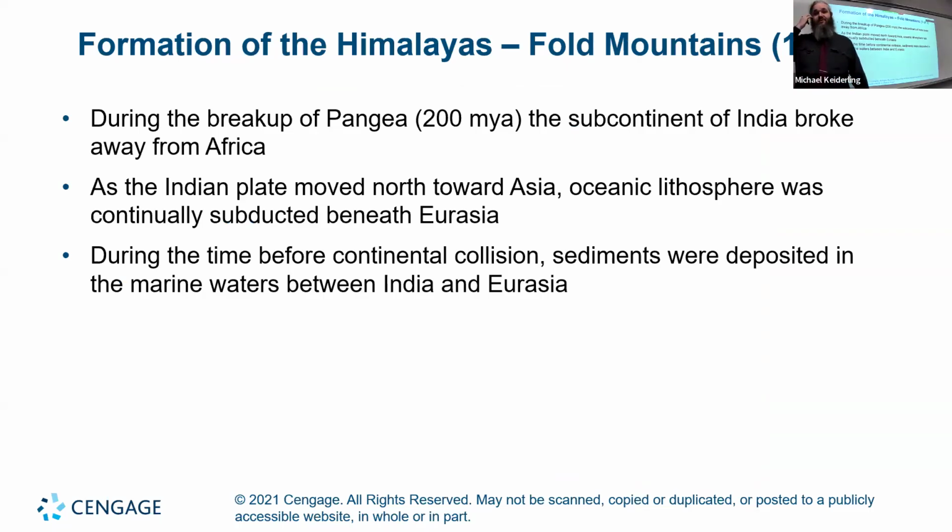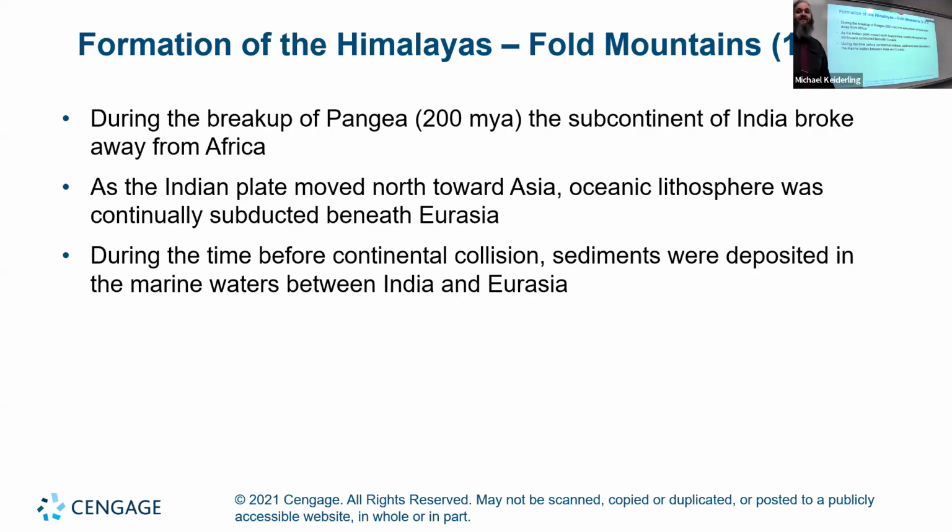The Himalayas are the youngest mountain range. So it's been formed via this process. During the breakup of Pangaea, the subcontinent of India broke away from Africa, and as the Indian plate moved north towards Asia, the oceanic lithosphere was continually subducted below Eurasia, and basically the top layer of sediment got scraped off.